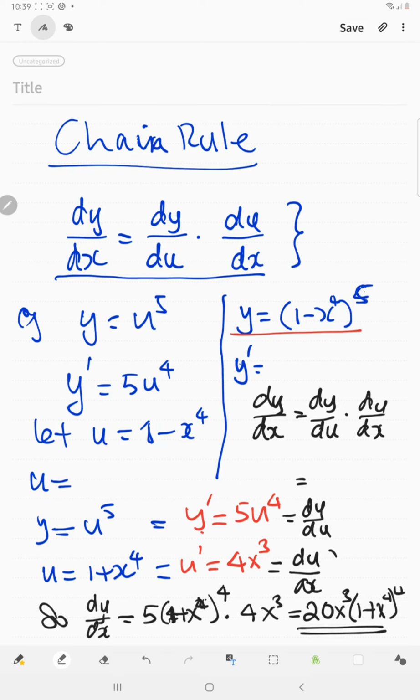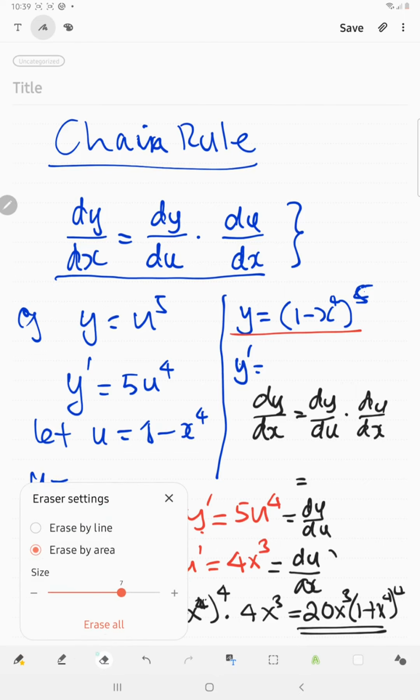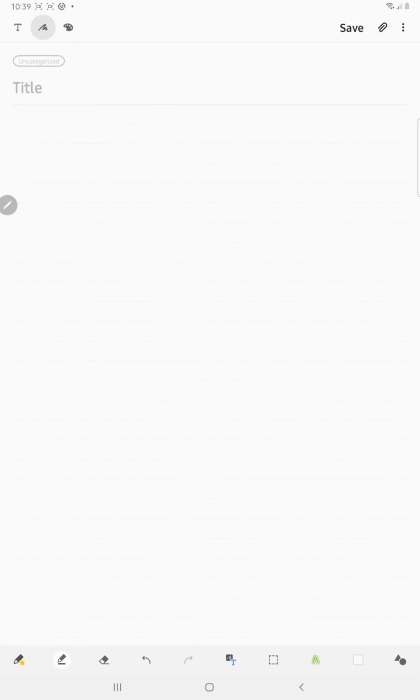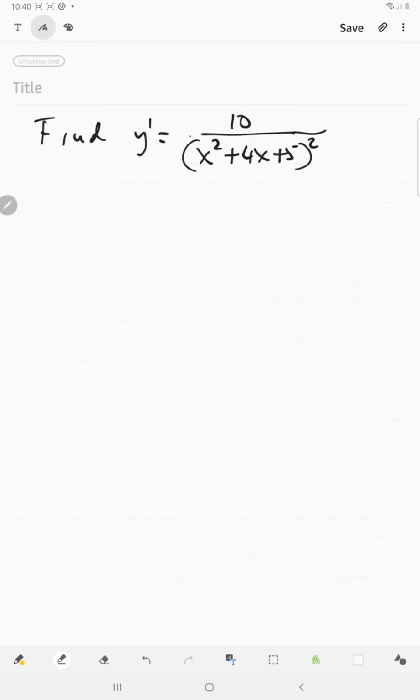I want you to understand this and be able to apply it in context. On the other part, we can have another example: find y prime if I've got 10 on top, and x to the power 2 plus 4x plus 5, bracket, to the power 7.